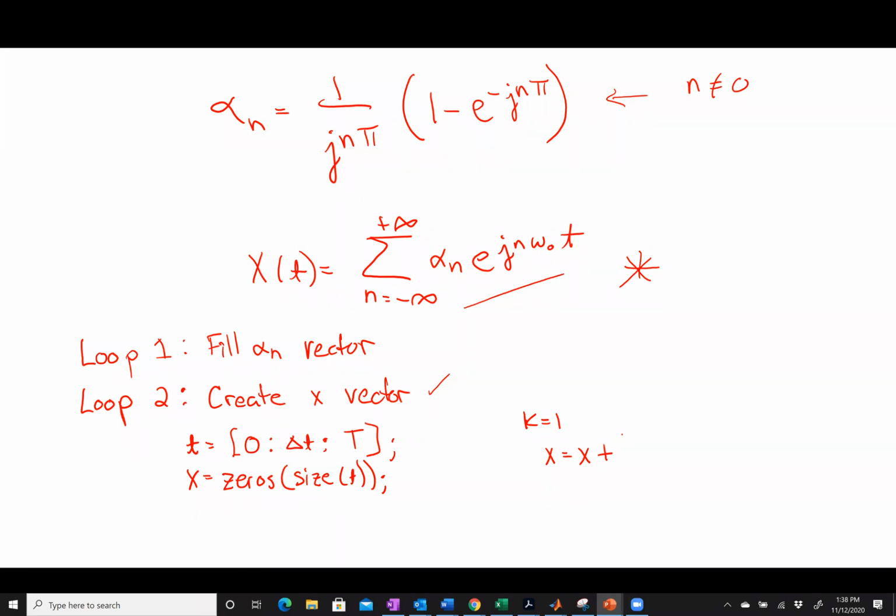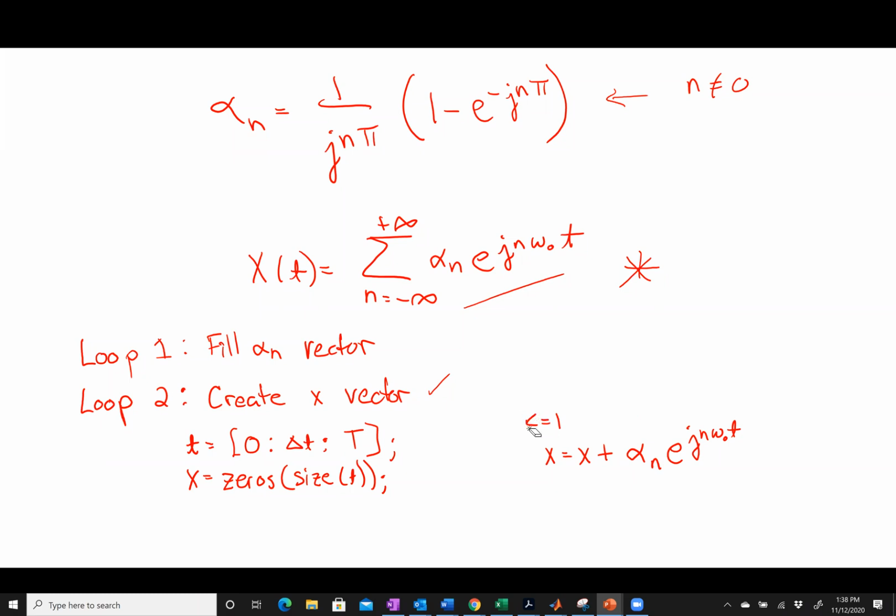Would it be the equation? It's that equation, alpha n times e to the j n omega naught t. Except what I'm doing here, and this is the thing I want to be careful about, is as I keep looping through.